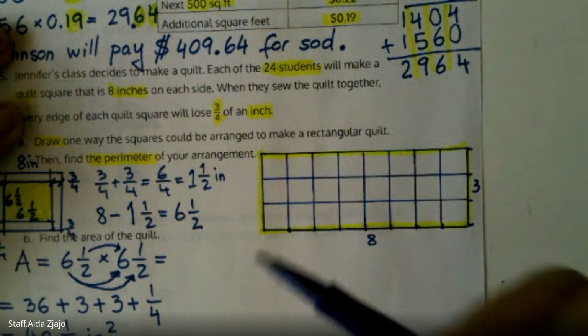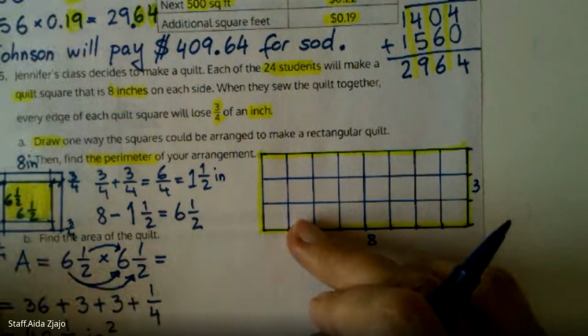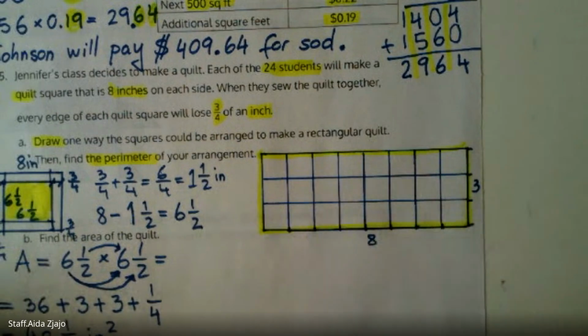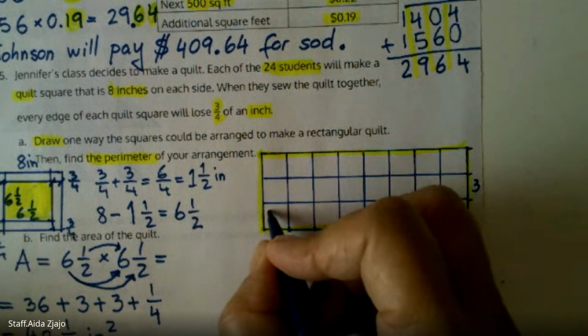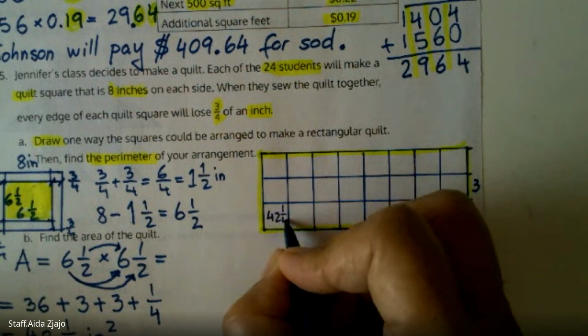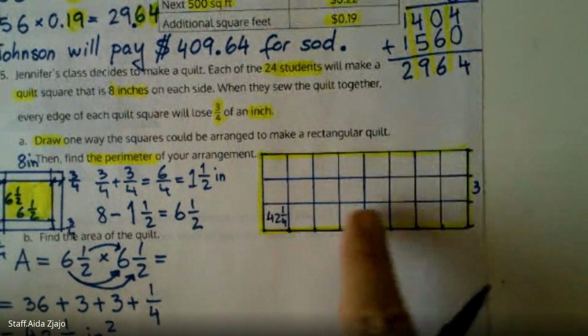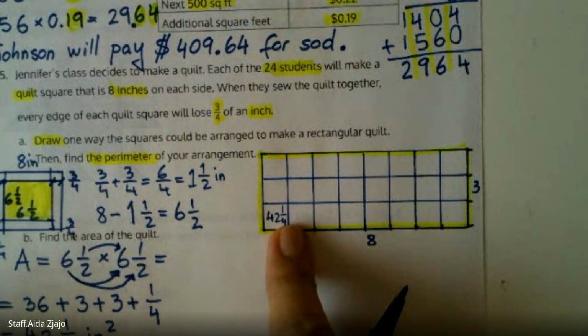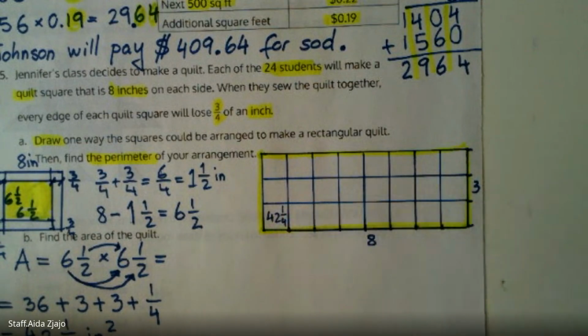So the area was, I was adding this because that's 1 square, 42 and 1/4 is each square, but I need 24 times 42 and 1/4. It would be the area of each square.